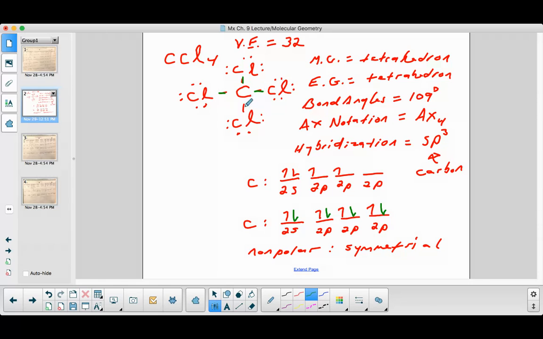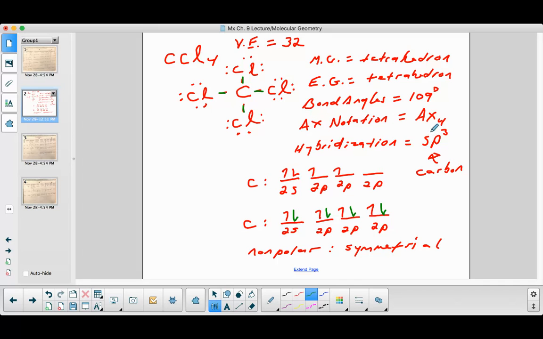Okay, and so we say that they are sharing those electrons. So we have to be able to call this hybridization, identify what this hybridization is. And so to identify it, I'm going to say, all right, I have 1 spot for bonding in an s orbital.